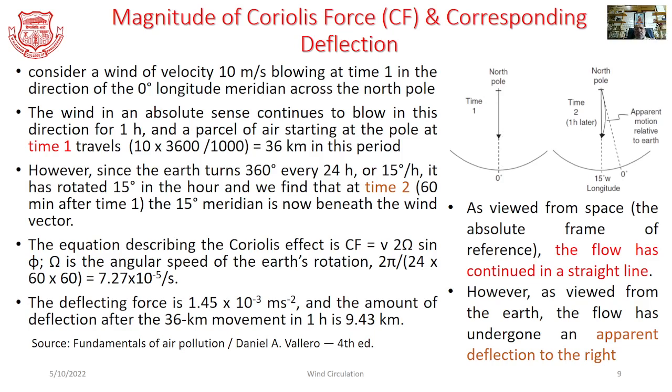The wind in an absolute sense continues to blow in this direction for 1 hour, and the parcel of the air which is starting at the pole at time 1 will be traveling the distance of 36 kilometers because it is traveling with a velocity of 10 meter per second.